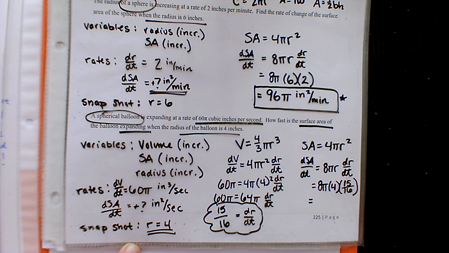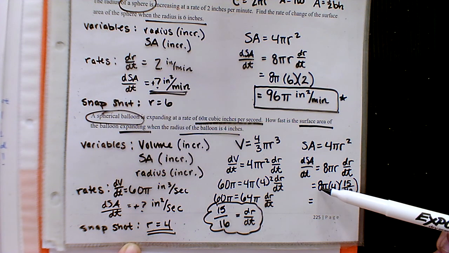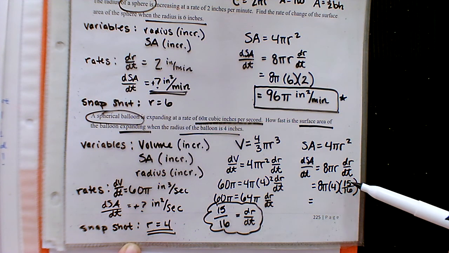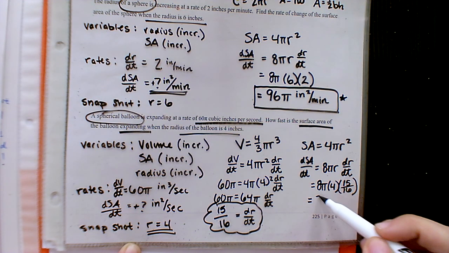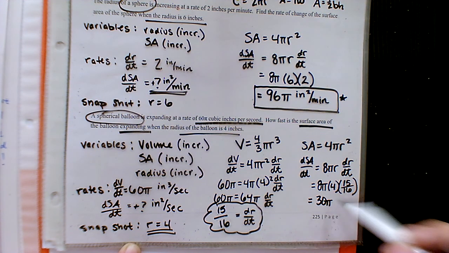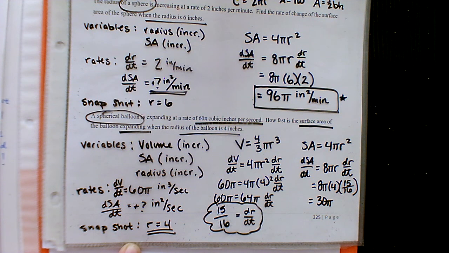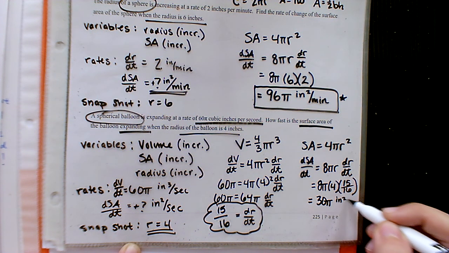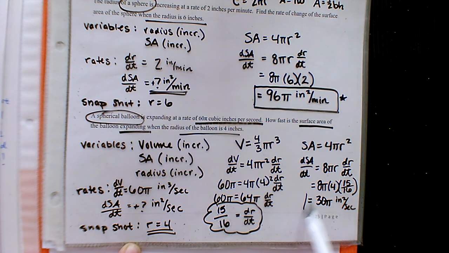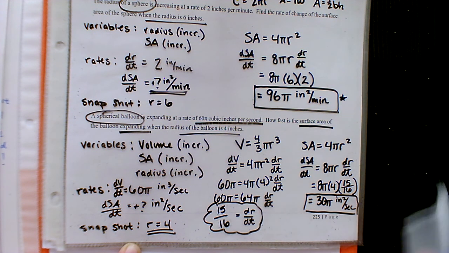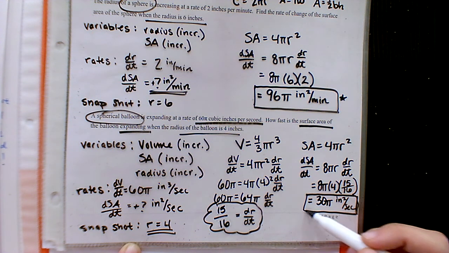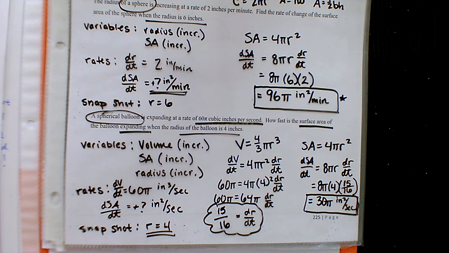So 4 divided by 16 is 1/4. 1/4 times 8 is 2. 2 times 15, we got 30. 30 pi inches squared per second. There's our rate of change for surface area.